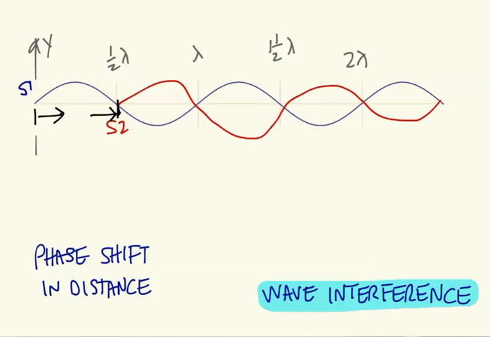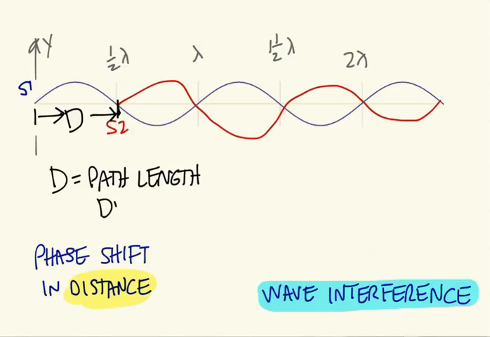And we give that symbol D. So this is special to the distance, these distance shifts associated with interference, D. And we call that D the path length difference.